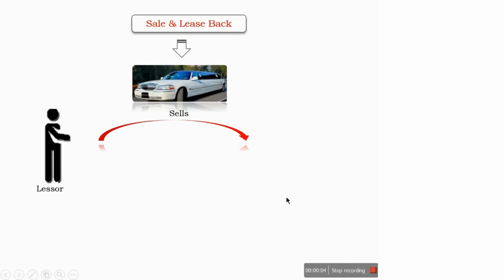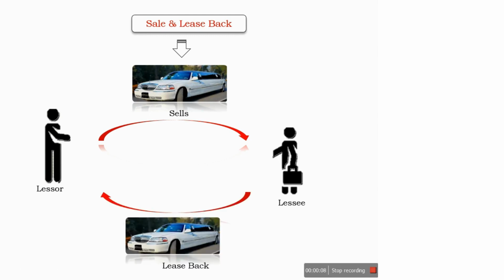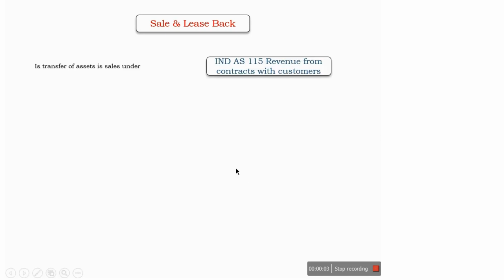In case a seller sells an asset to a buyer and takes it back on lease terms, this is called a sale and leaseback transaction. In a sale and leaseback transaction, we check if the transfer of the asset is a sale under IND AS 115.